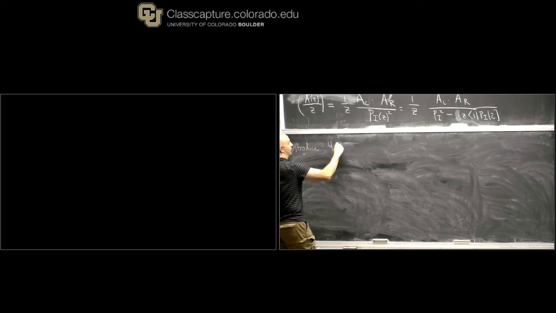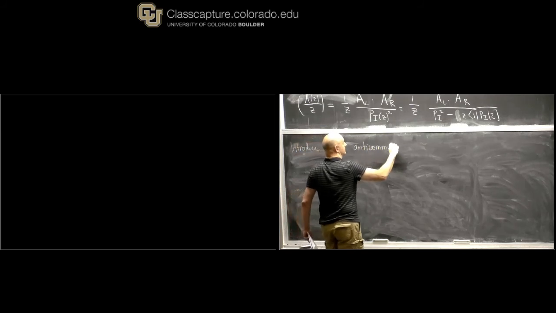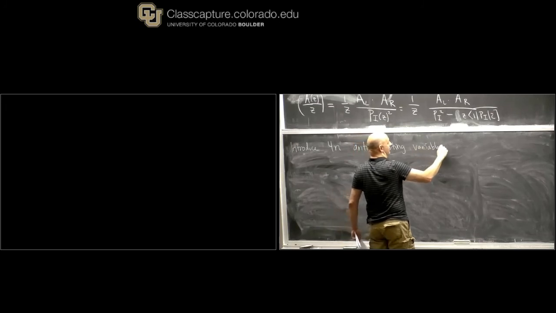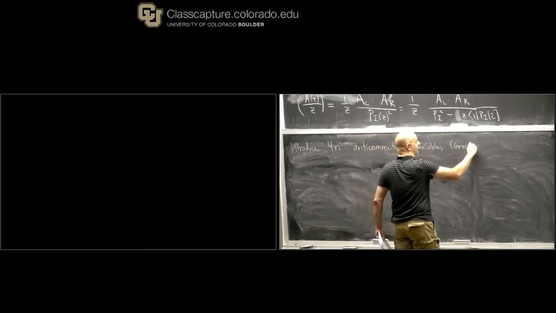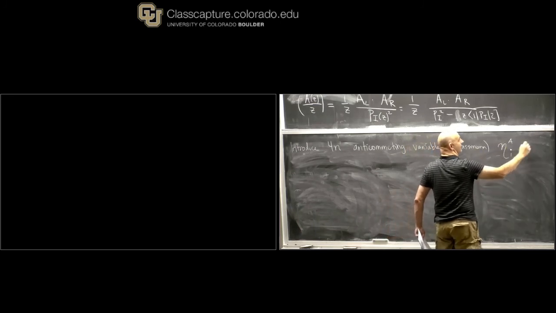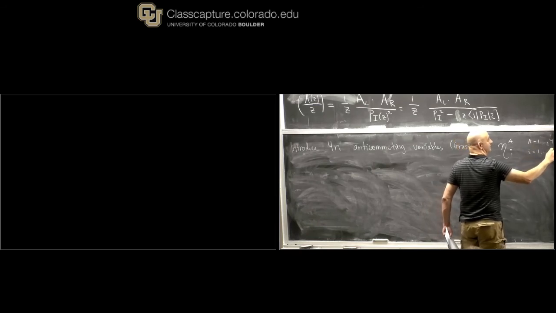So we introduce 4n anti-commuting Grassmann variables, eta I a, where a runs from 1 to 4, and I runs from 1 to n.